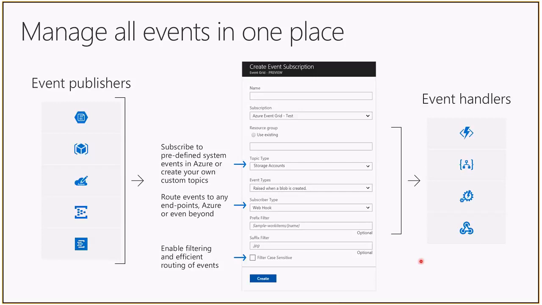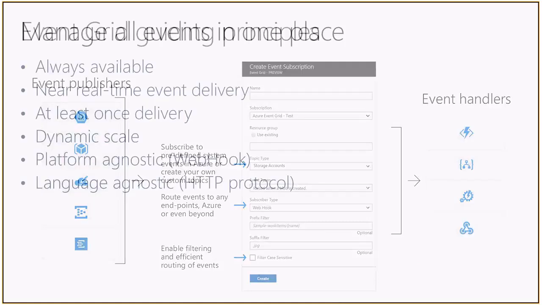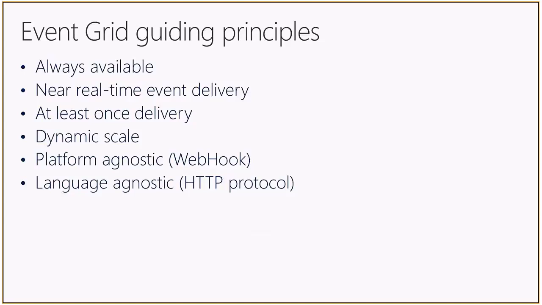This is how it bridges both sides together. So, Event Grid guiding principles: these were the various considerations taken when designing Event Grid. It is always available, with near real-time event delivery and at-least-once delivery.